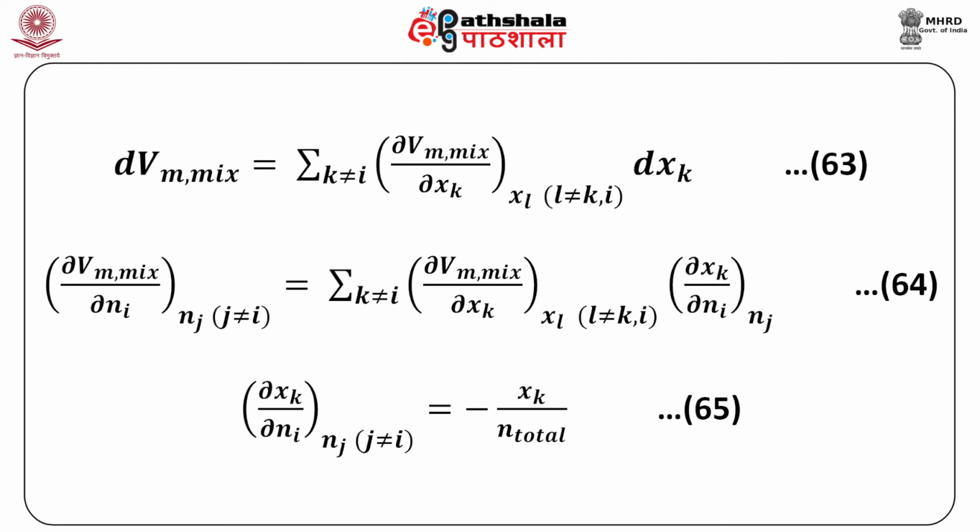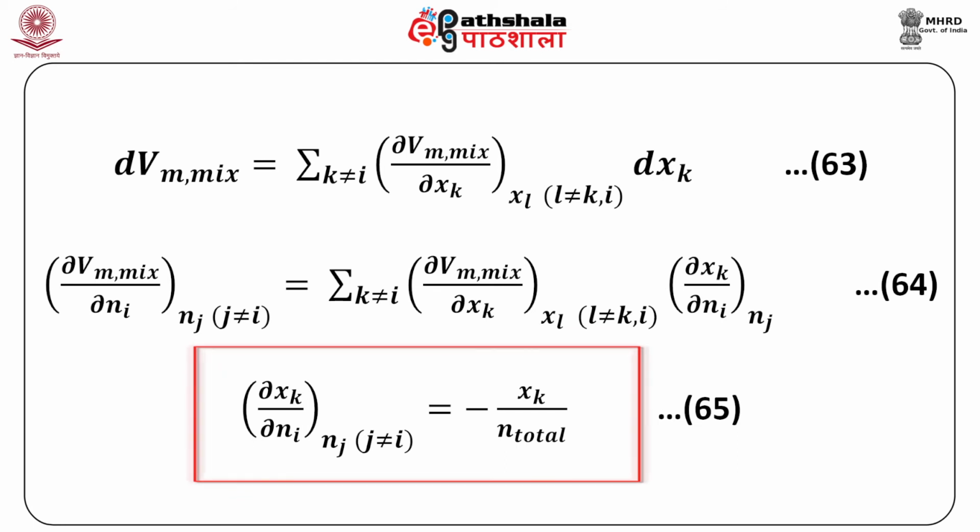Similarly, we have equation 64 and equation 65 as d chi k upon dNi at constant Nj, where j is not equal to i, equals minus chi k by N total.